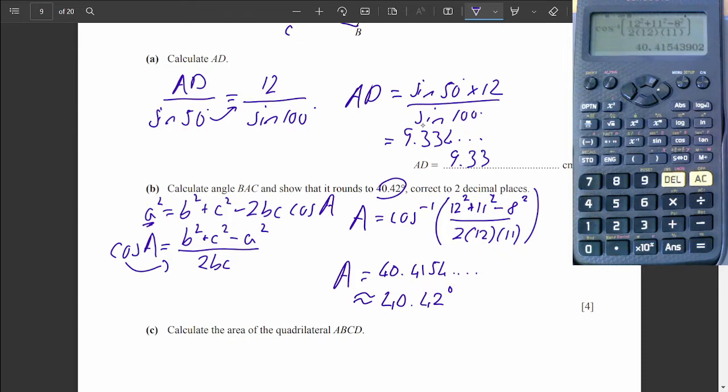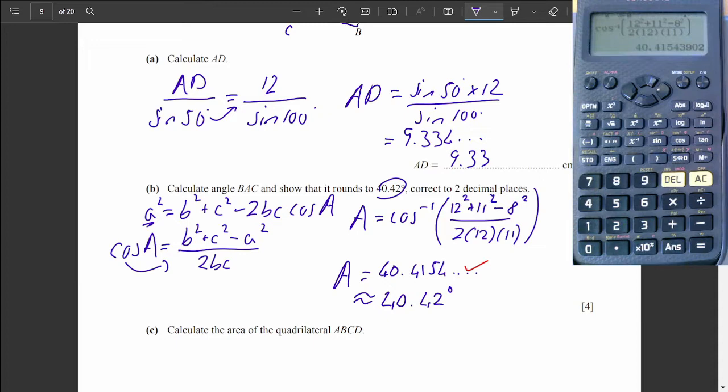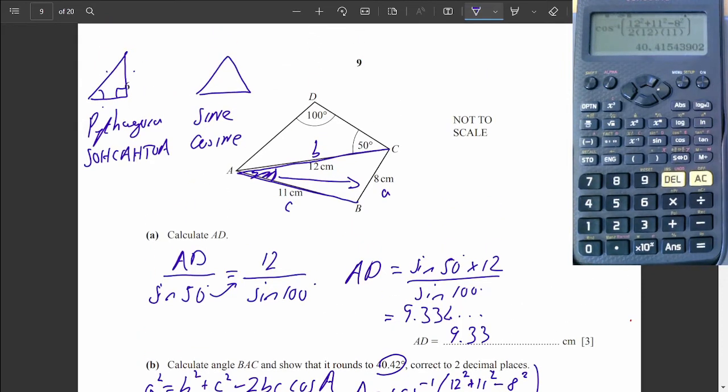That counts a mark. Many students lose a mark because they don't write this. So this is essential to get full marks. Then it tells us question 6c, to calculate the area of the quadrilateral, the whole shape.